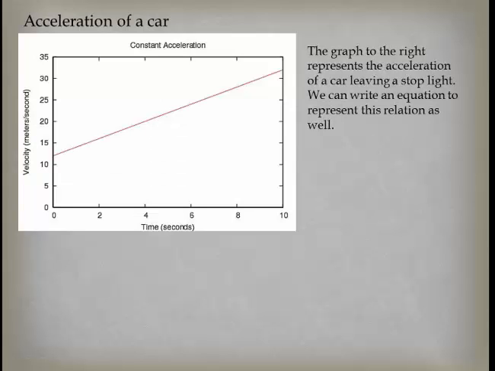Here's another graph representing the acceleration of a car leaving a stoplight, and we can write an equation to represent this as well. Time is our x value, velocity is our y value. At 2 seconds, we're about 15.